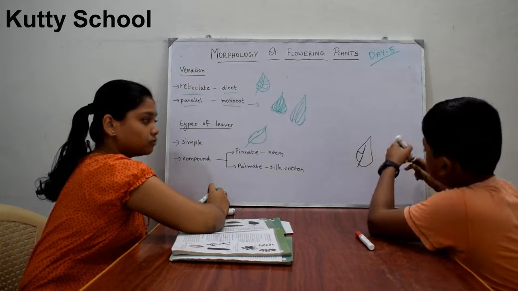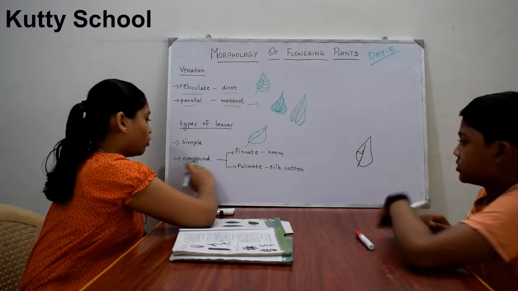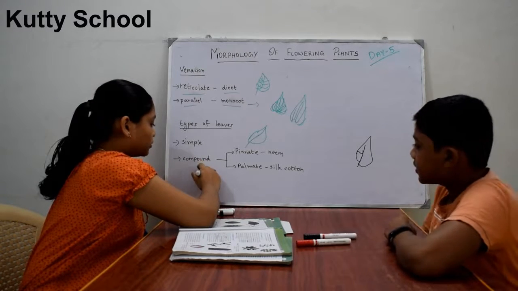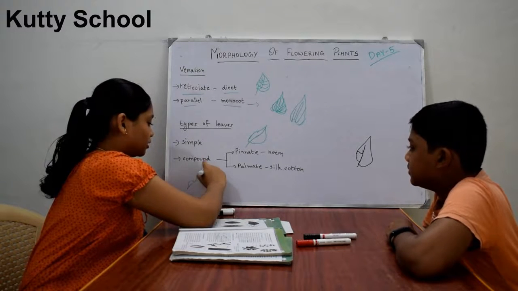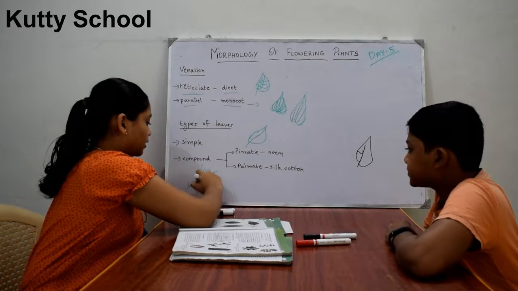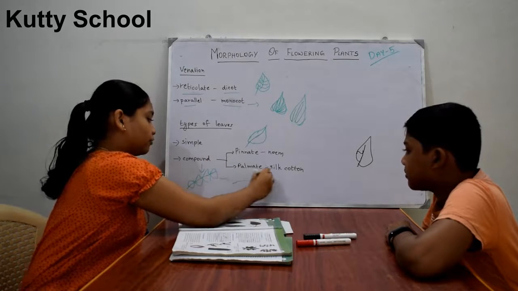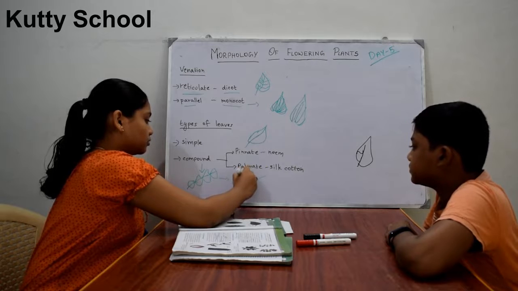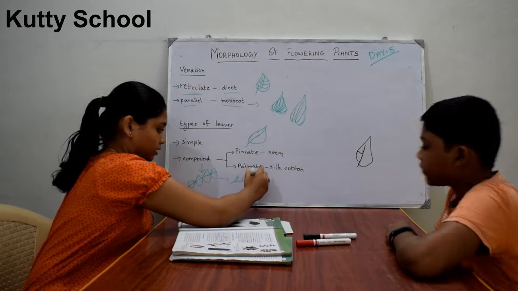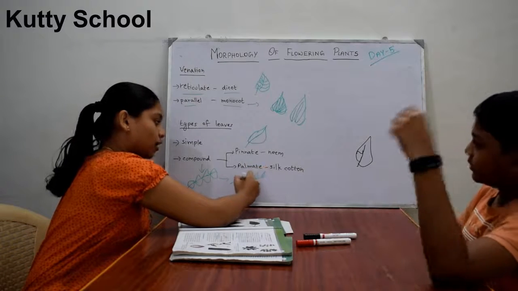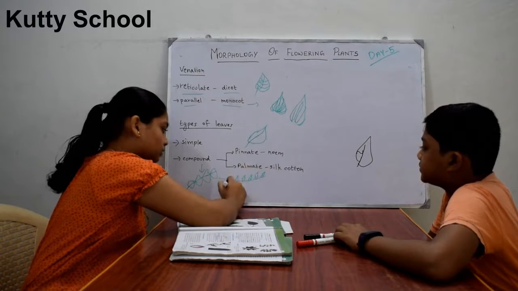Compound leaves are said to be so when the incisions reach the midrib. When it reaches the midrib, it becomes leaflets. So if this is the leaf, these are the leaflets. Can you understand? These are the incisions, not a single leaf; this one is a single leaf.